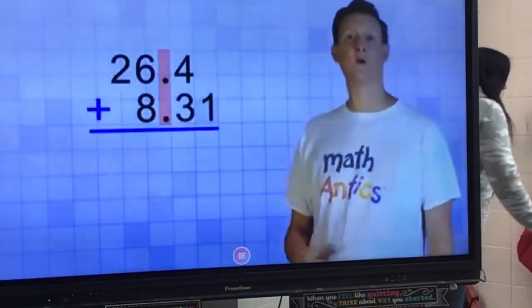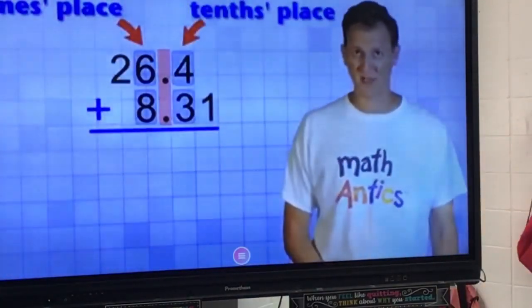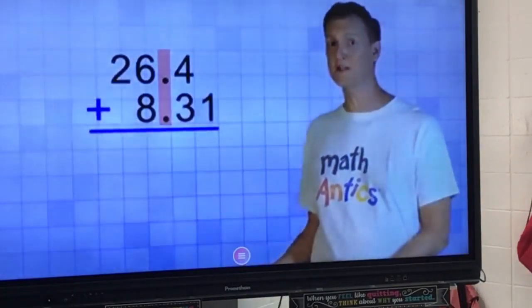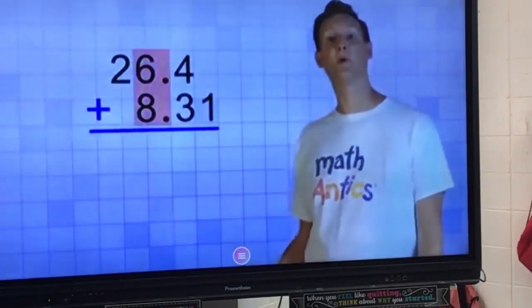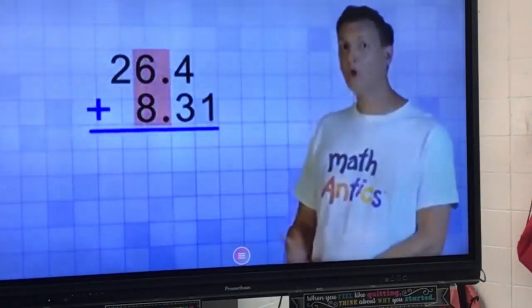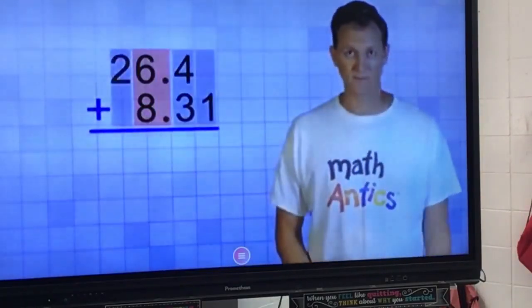But wait a minute. Isn't that the same thing as lining up the ones place digits? Ah, yes it is. And that's because the decimal is our reference mark that always goes between the ones place and the tenths place. So, lining up the decimal points is the same thing as lining up the ones places. It makes sure all the number places line up in columns.